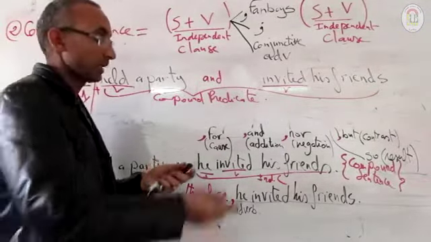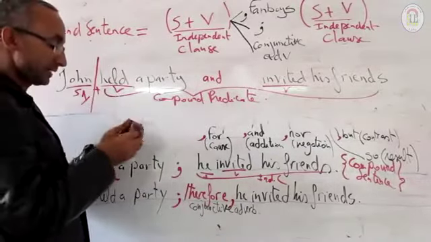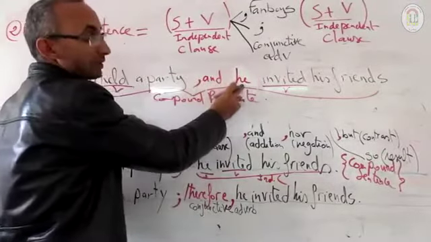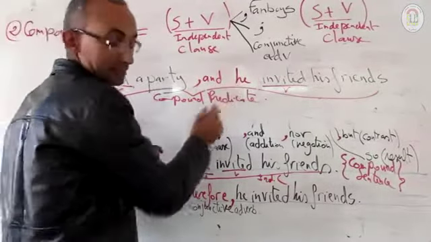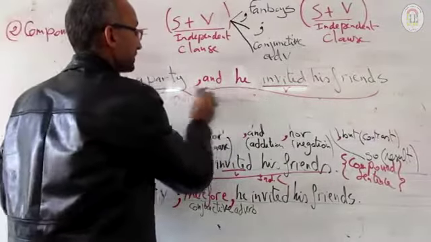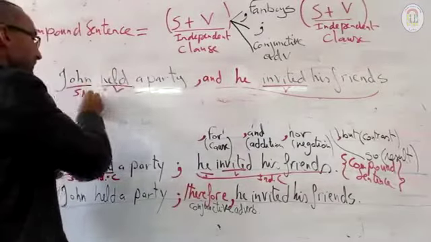Alright, so let's turn it into a compound now. Here I have a party and he invited his friends. Now it has become what? All of it a compound sentence.